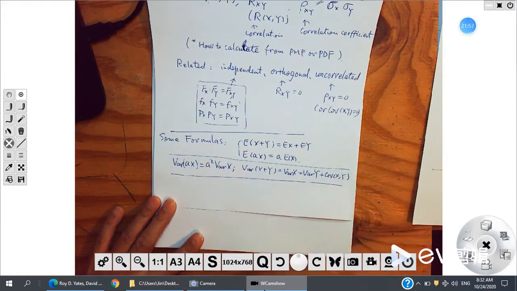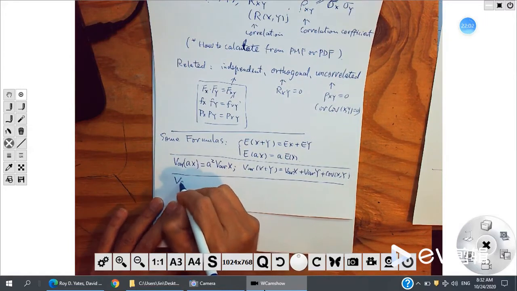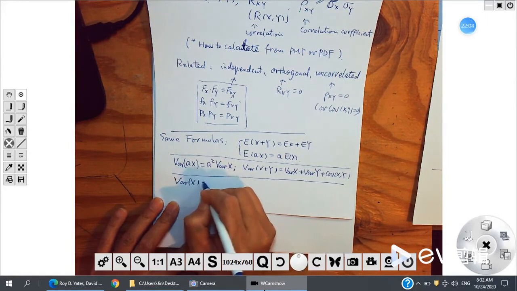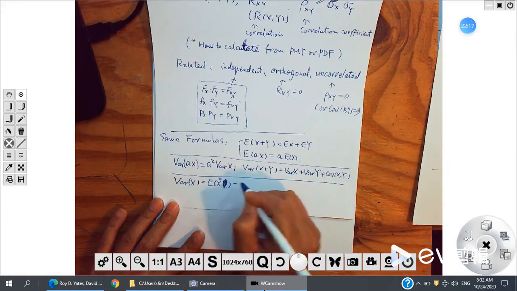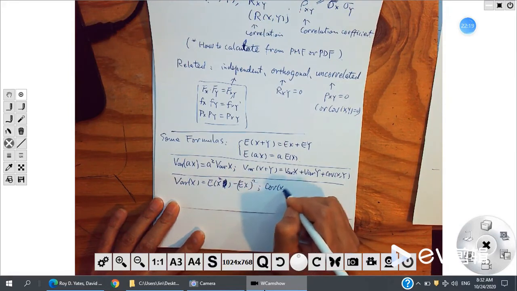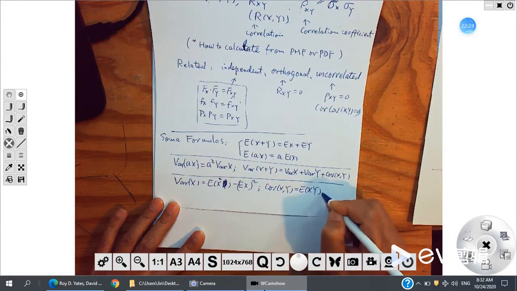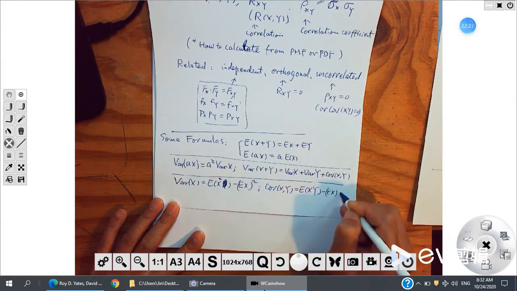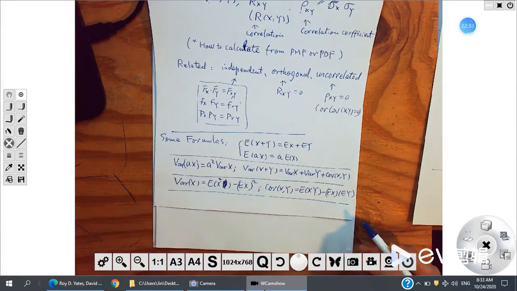We have more formulas, I think. Of course, we have this basically: the variance of x equals E of x squared minus E x squared, and the covariance of x y equals E of x y minus E x times E y.